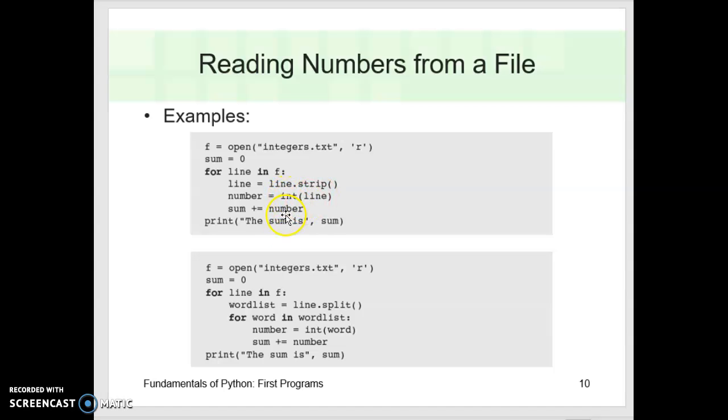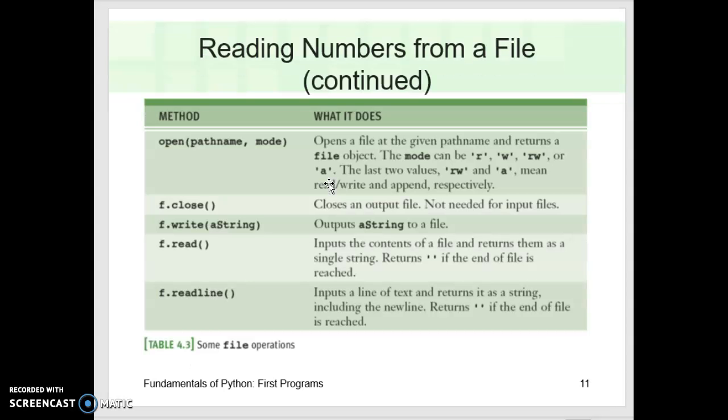You change it into an integer to bring it back, and use the strip function to pull numbers apart so that you can look at each different number. We have open with the path name and the mode: read, write, and append, which means add to the end. Whenever you open a file, you need to make sure that you close it. You can write or read to it, and you can read a whole line from it.